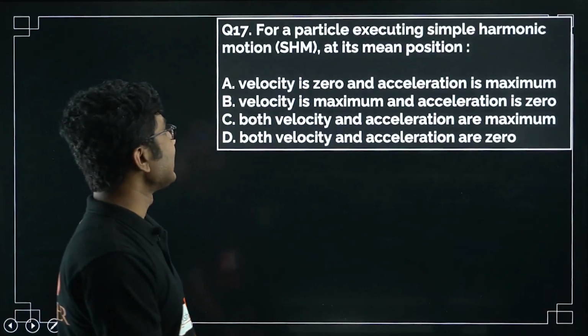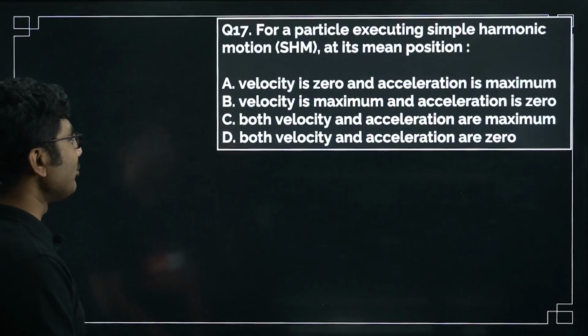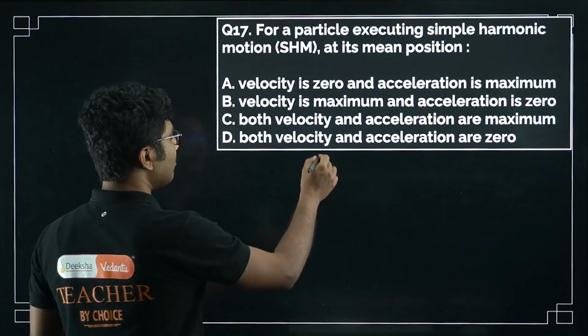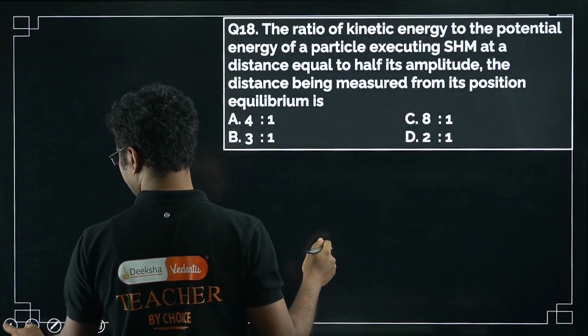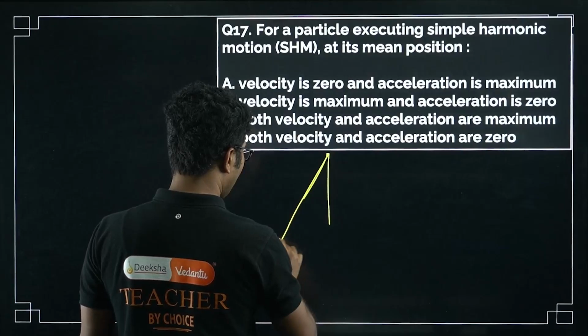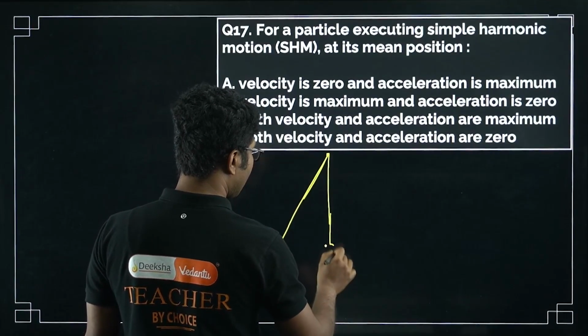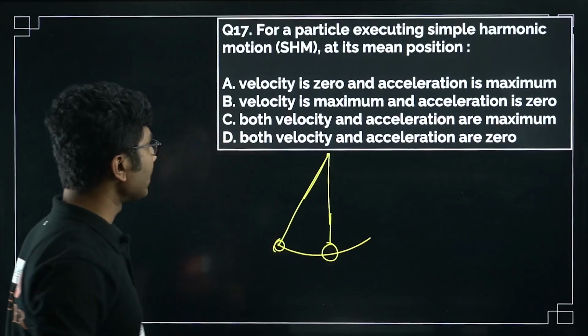For a particle executing SHM, simple harmonic motion, at its mean position. So now we have moved from all the thermodynamical chapters to simple harmonic motion. Let's see. We have a bob over here. This is the maximum position, this is the minimum position. So what is the question?